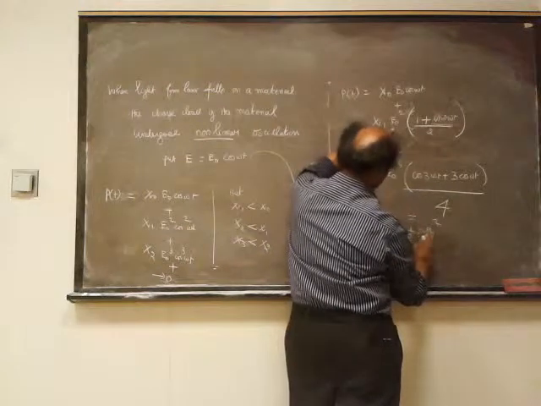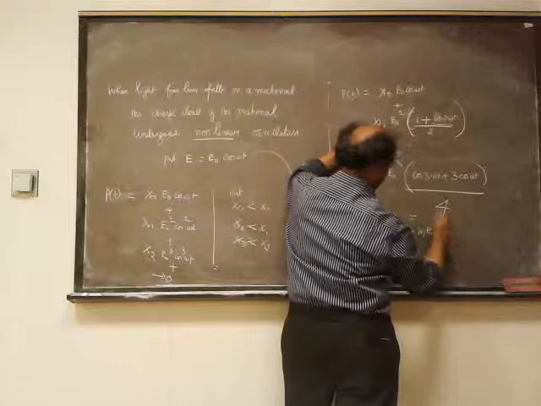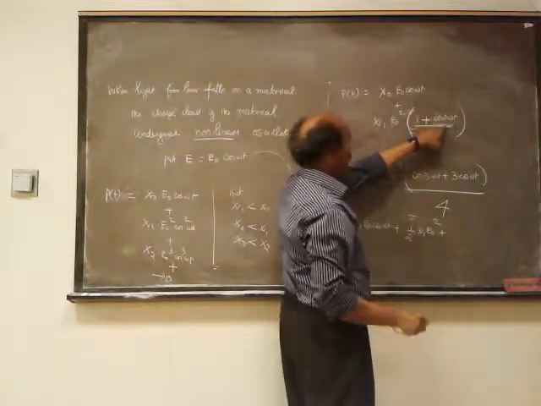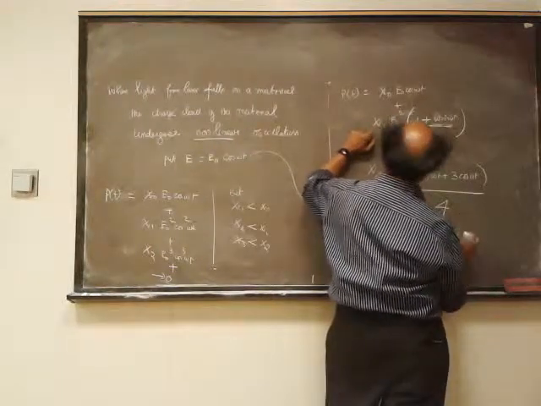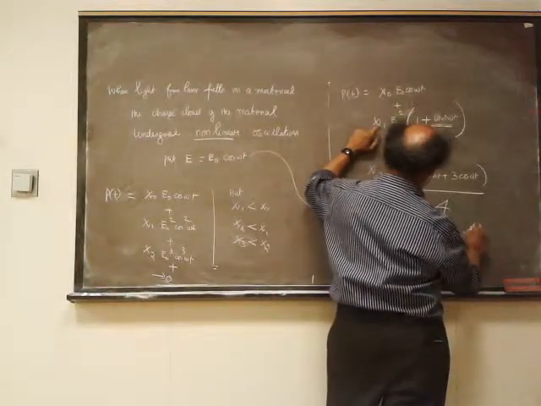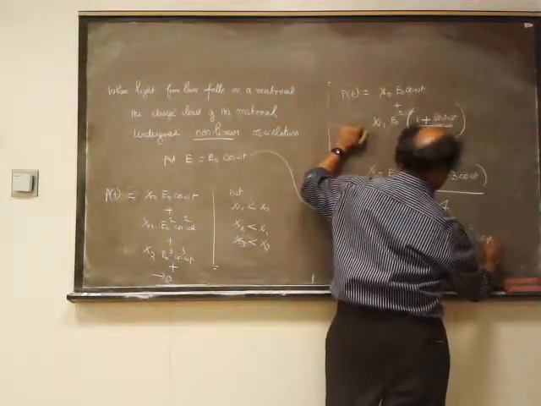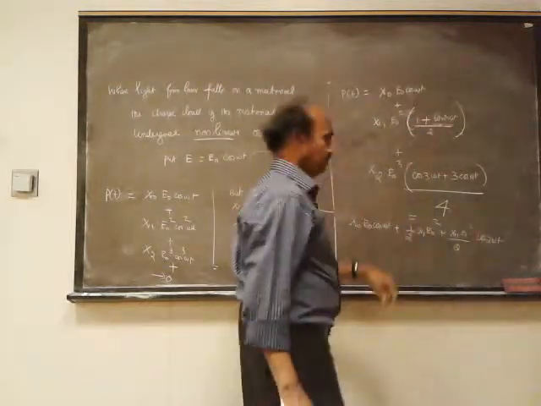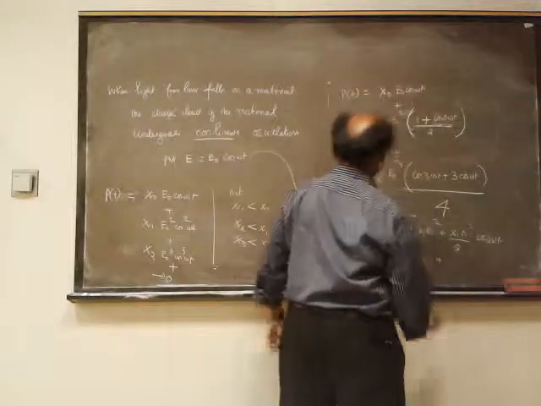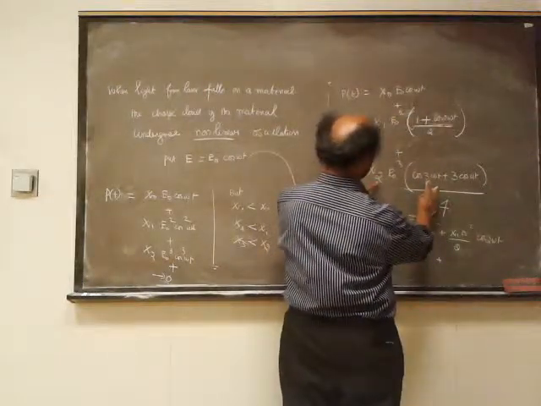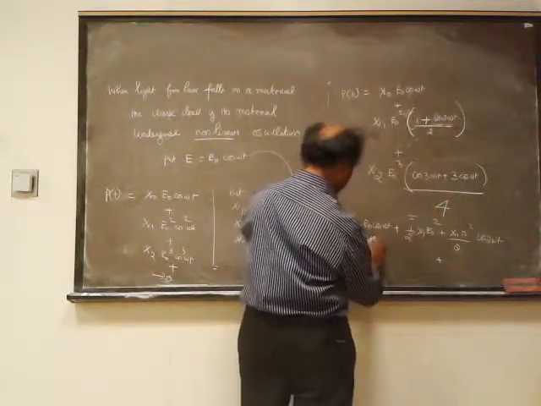Plus I have another term which is 2 omega t. So this will be chi 1 E naught square over 2 cos 2 omega t, plus. Now look here. I have one more term with cos omega t.